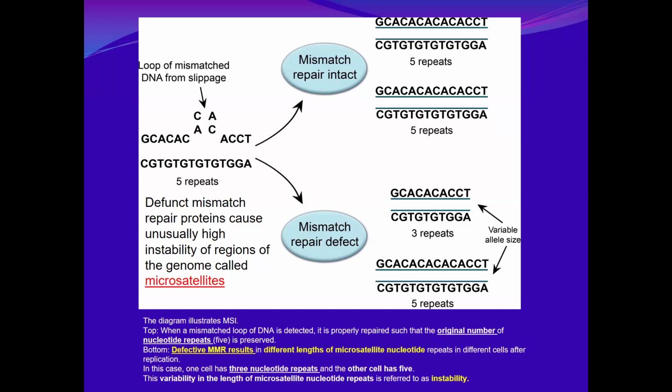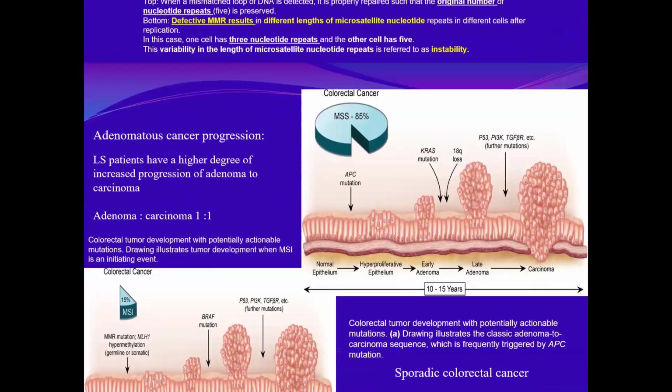These cells show 3 repeats of nucleotide or allele size of DNA, while the others demonstrate 5. So this is called instability, okay? And in the regions of the genome called microsatellites.